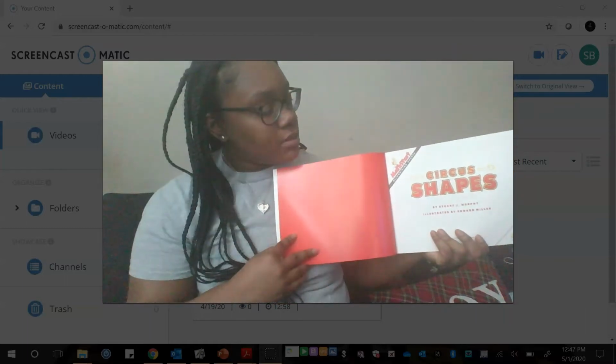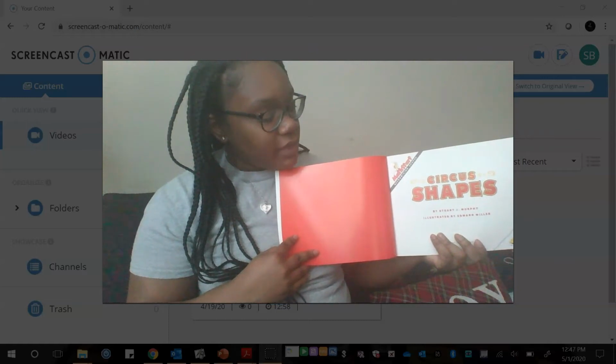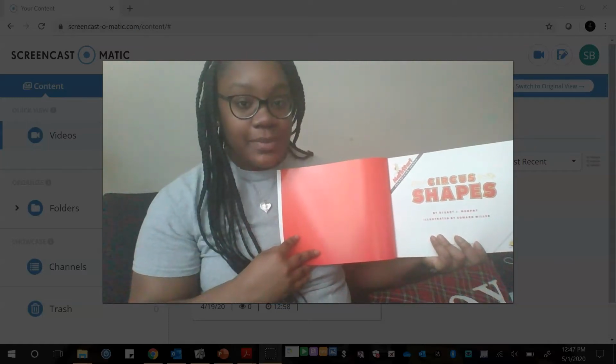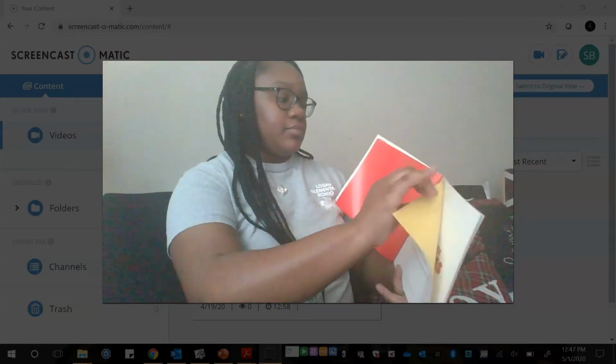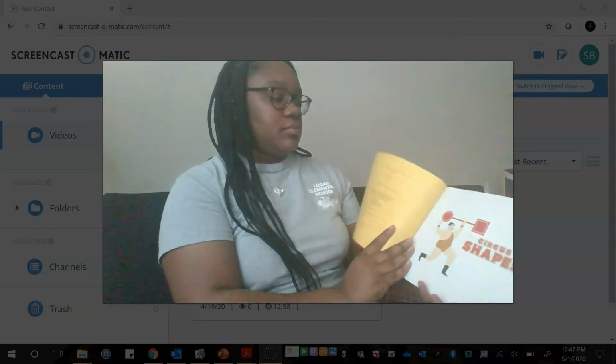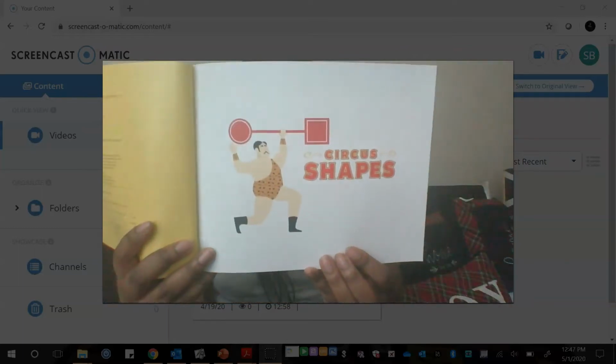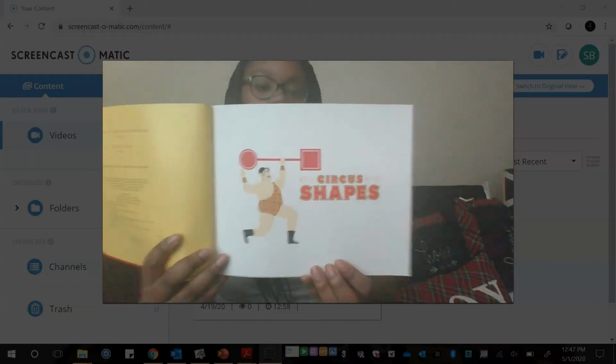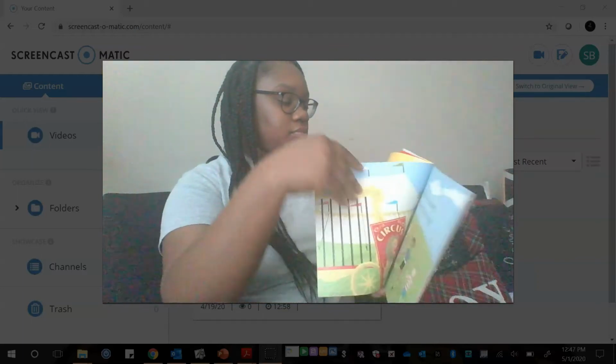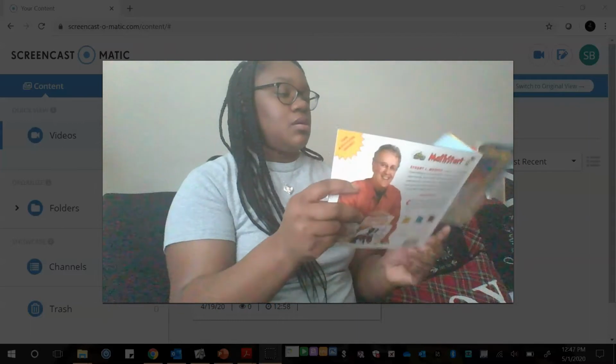Circus Shapes by Stuart J. Murphy, illustrated by Edward Miller. All right.